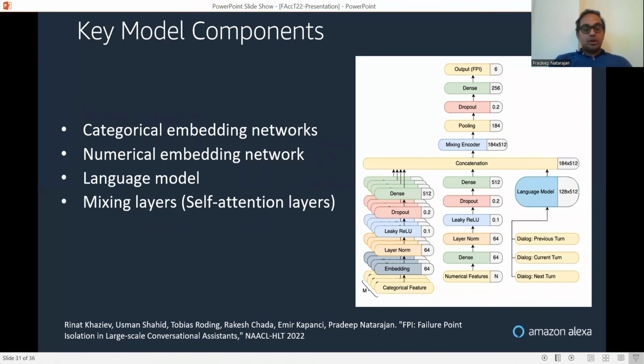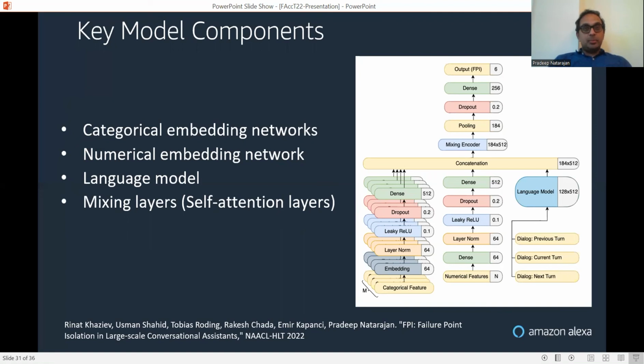So if you look at the key model components, the figure on your right illustrates what we are doing. So we have three independent processing layers. The first is the language model that takes the current utterance, the previous utterance by the user, the next utterance, as well as Alexa's responses, and encodes it in a language model. The second is a set of numerical features that we embed using a neural net model.